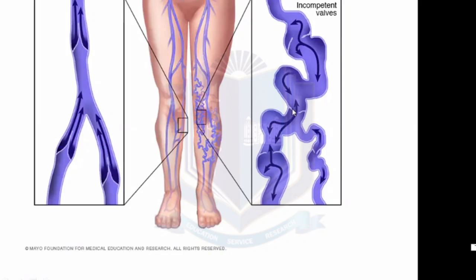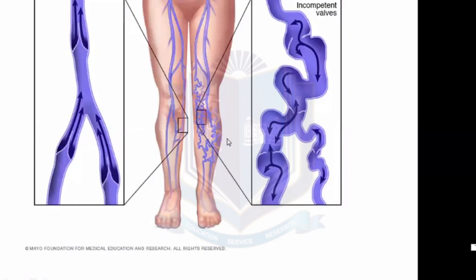There will be regurgitation or backflow of the blood and pooling as well, because the venous blood is pushed back with the help of these valves. When the valves become incompetent, the blood cannot move against gravity and will pool up and become stagnant, leading to dilated tortuous veins. And these dilated tortuous veins are called the varicose veins.